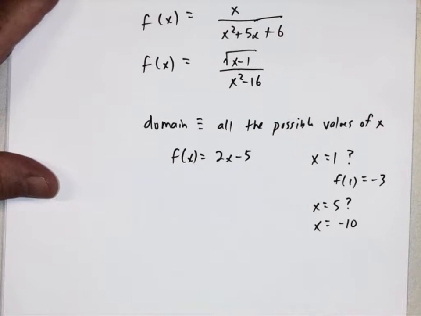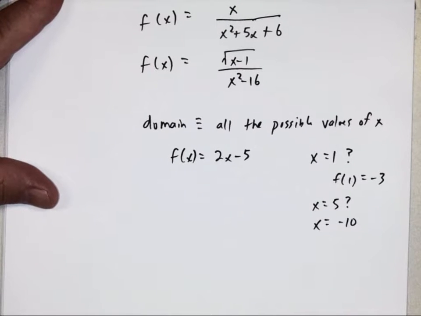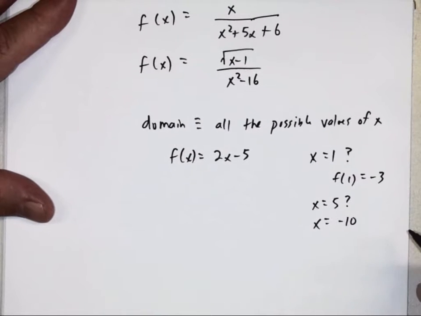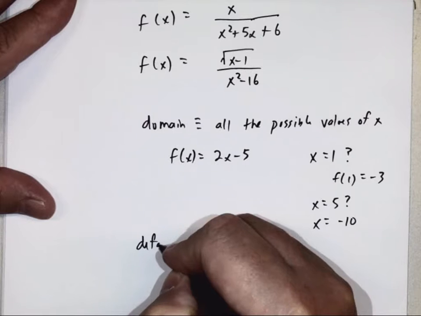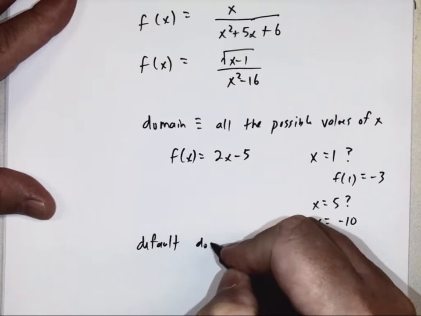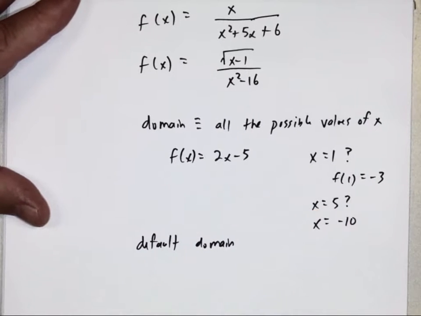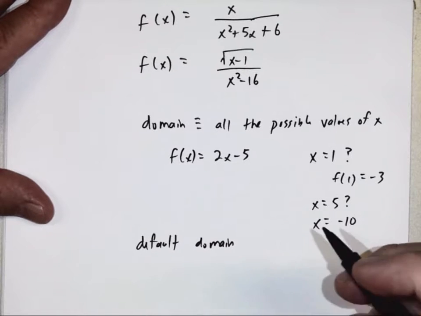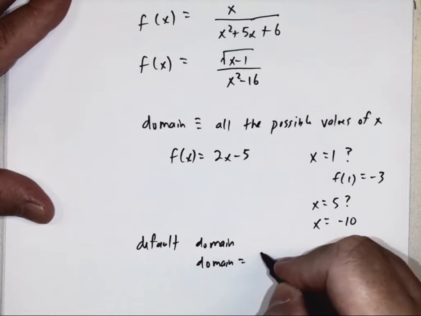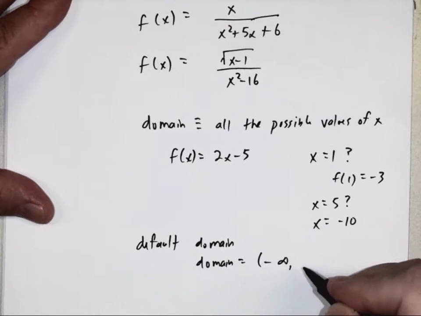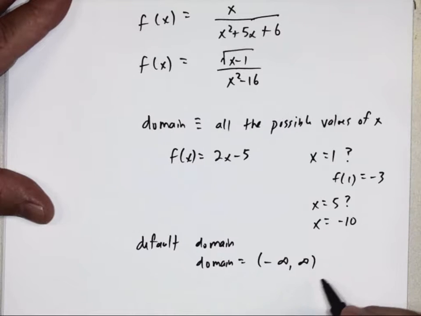As a matter of fact, let me point out to you this very important idea. Here's what I do. Whenever I'm given a function, and the function's an equation, and I'm asked to find the domain, what I call the default domain, in other words, my starting point for the domain, is to say, this is an interval.